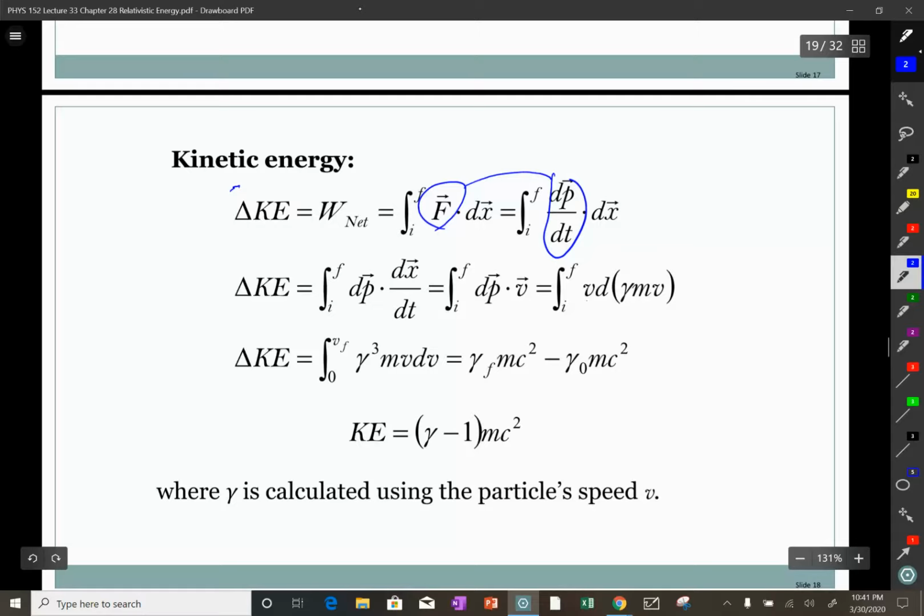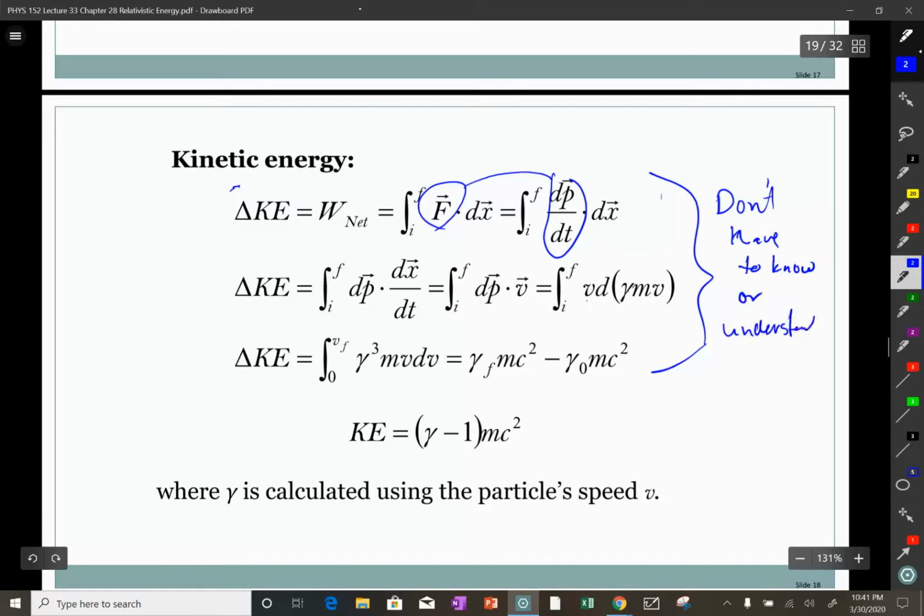And so we have v times d of gamma mv, which is not simple because gamma is dependent on v. So there is a lot of math in here. I just show it so you can see there is math. You don't have to know this or understand it.